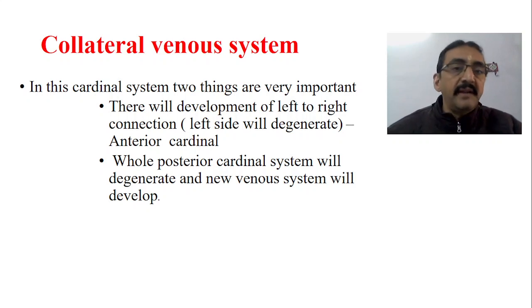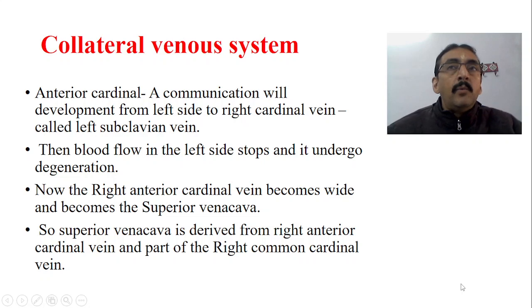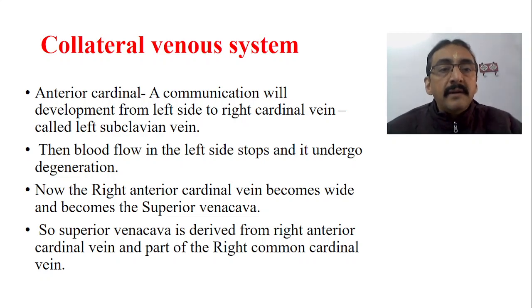What actually happens is that in the anterior cardinal venous system, a communication develops from the left side to the right cardinal vein. This connection is called the left subclavian vein.